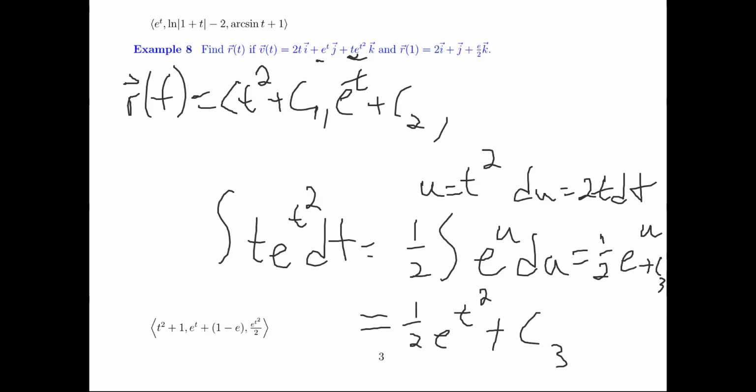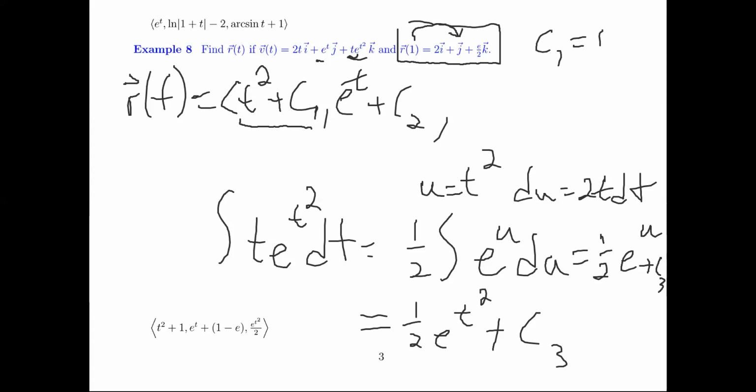Now, what we have seen here is that r of 1 is equal to this vector. So when we plug in 1, we should get 2. So if I plug in 1 here, we get 2. So 1 squared is 1 plus, what does C1 have to be? That implies that C1 has to be 1. All right, if we plug in 1 into the second component, we should get 1.